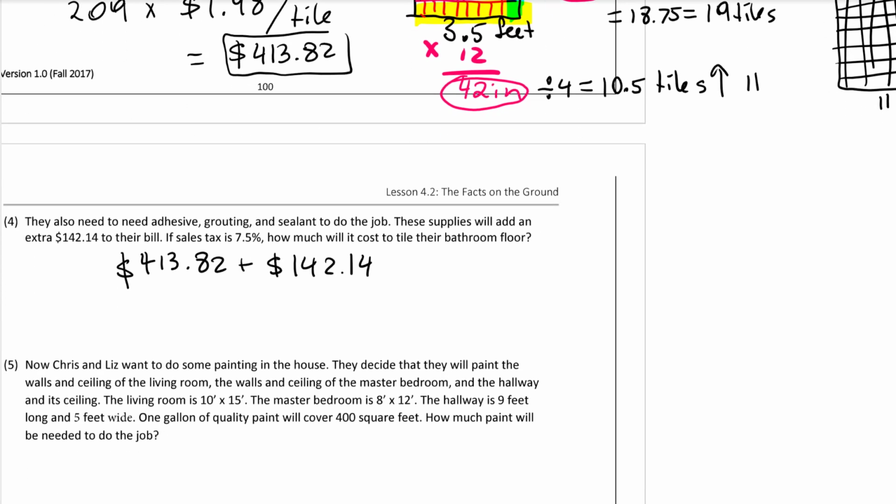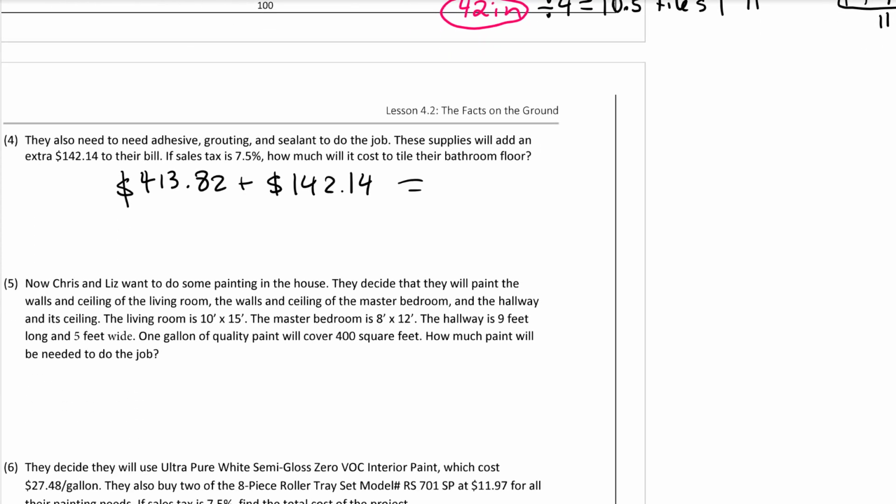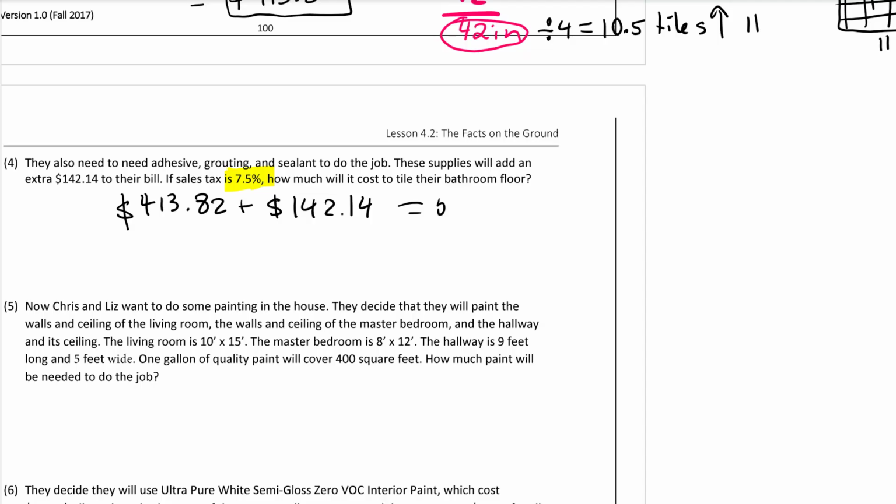Let me move this up. I'm just adding to the answer that I had before. So that would be $555.96. Now I'm going to give you a moment to add 7.5%. So what do we get?